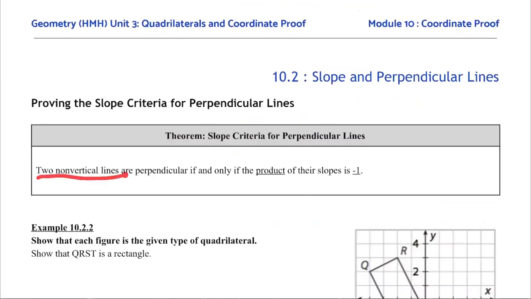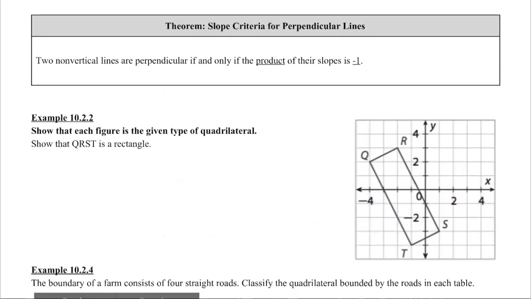If two non-vertical lines have slopes whose product is -1, then they are perpendicular, right? That's what I've been saying. So this is very similar to what we did earlier. Okay, show that QRST is a rectangle. So how are you supposed to do that?